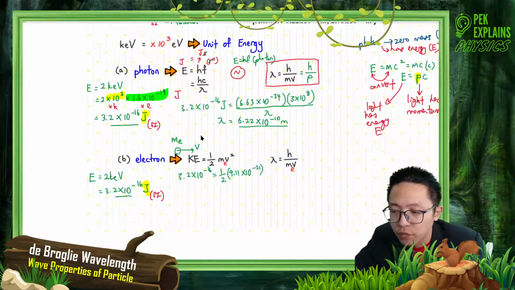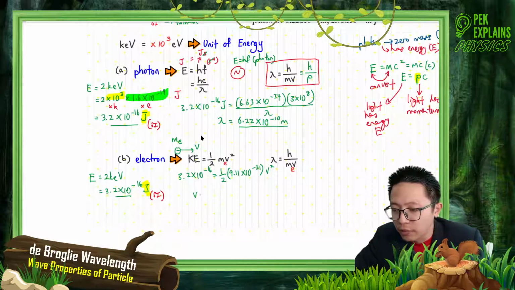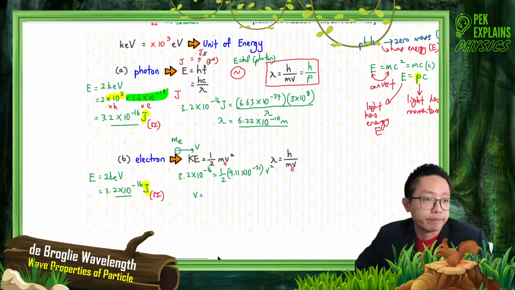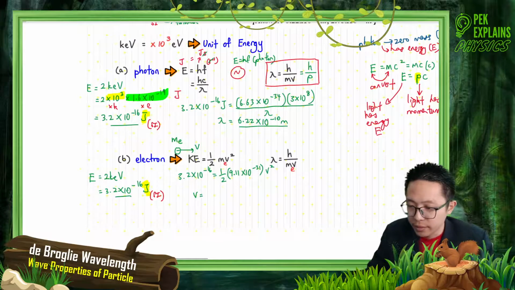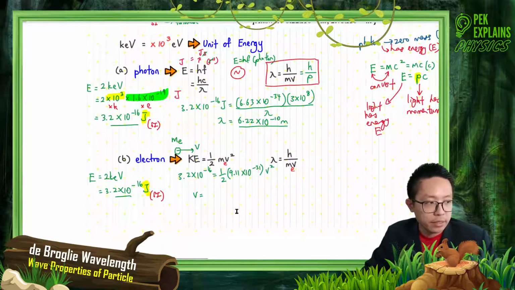We can get this value from the list of constant values. Let me calculate the V value myself.